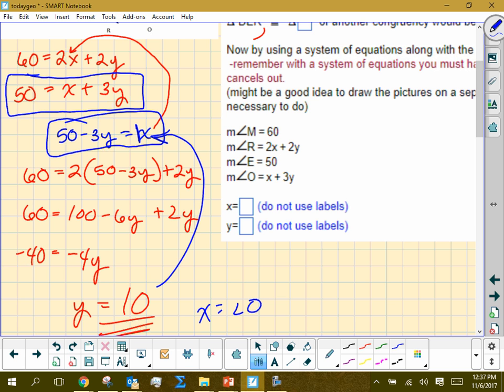Okay. I think that's easier to find that second variable when you use substitution than it is to find a second variable when you're using elimination. And I think that because that's simpler, a lot of times people say, well, this question sets itself up for elimination better, or this one sets itself up for substitution better. I don't know.